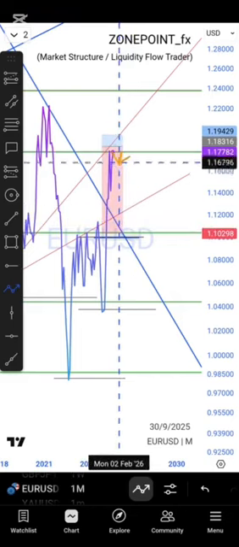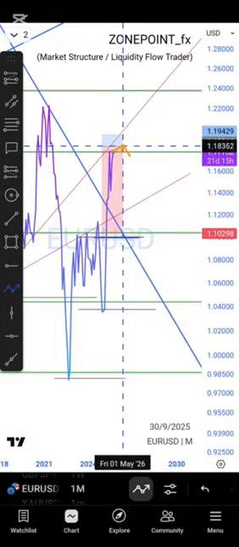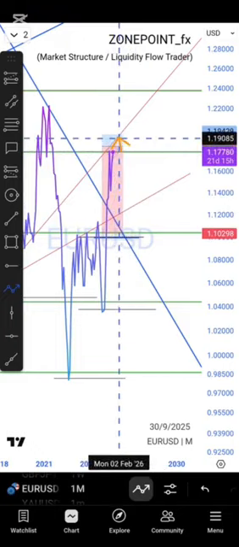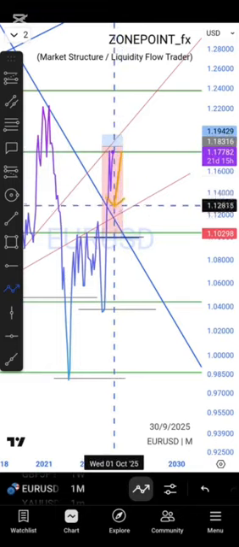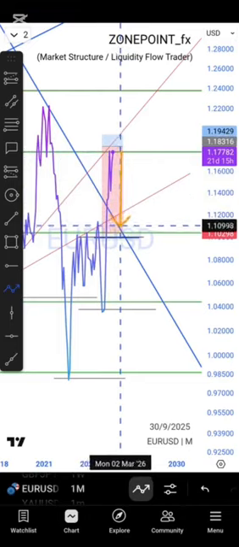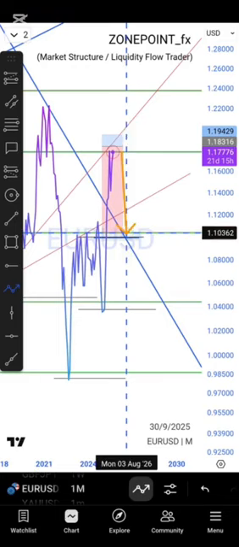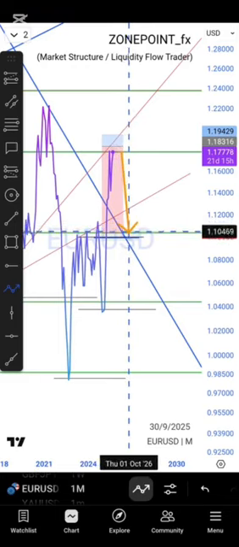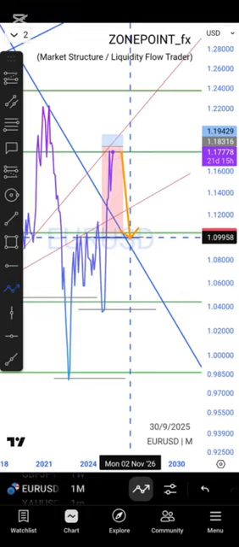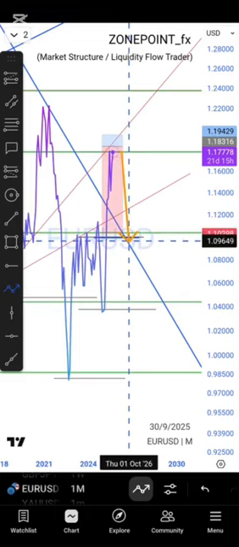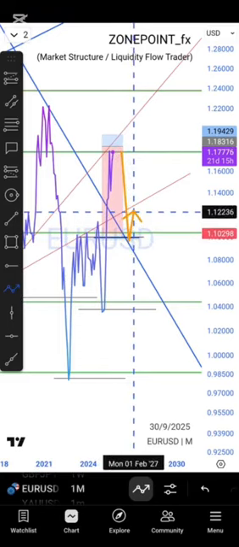Expecting price to do what? It can tap into this point here, into this trend line here, then later start moving back down. Now it's coming to tap into this level here, and once price taps into this level, you'll be waiting for its reaction back to close into this box.